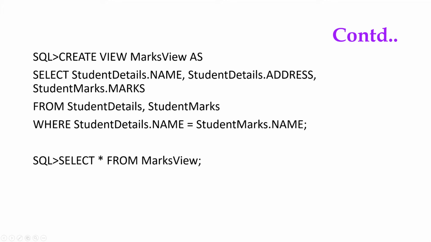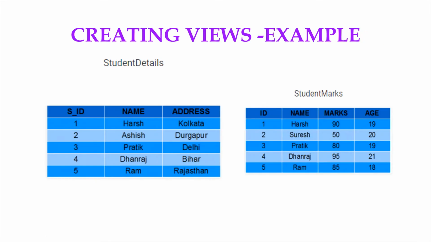So I will display the table for your understanding. Here, from student details I have chosen name and address, and from student marks I have chosen marks. So here you can see the name attribute from the student details table and the name attribute of the student marks table are the same.